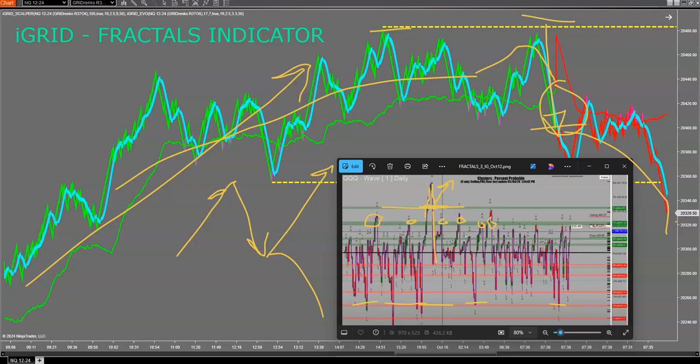Can I at least get to 3-to-1 or maybe greater reward to risk per shot that I take when I get these setups.